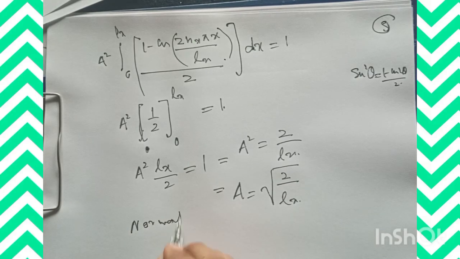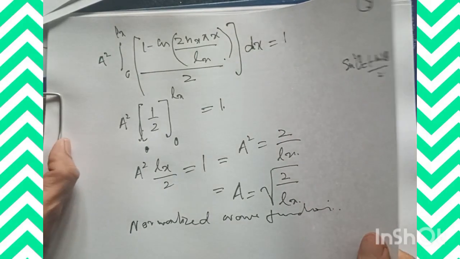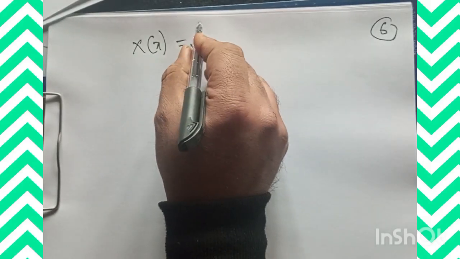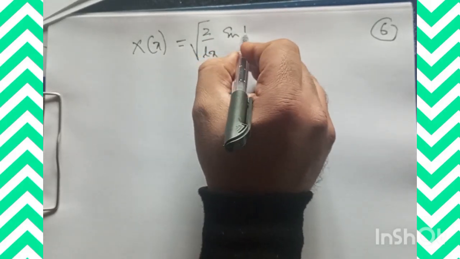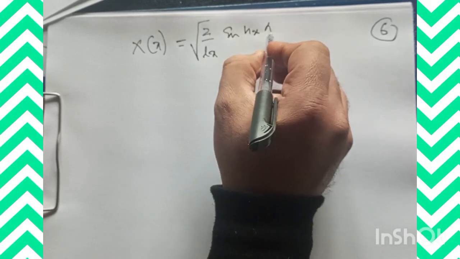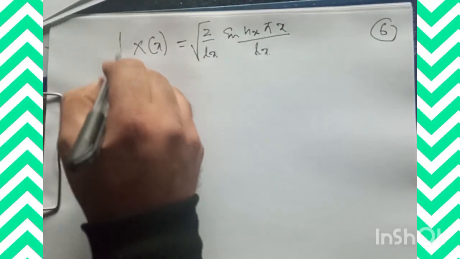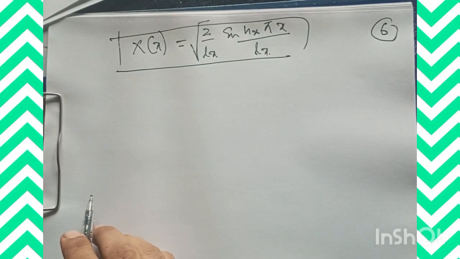X(x) is equal to the square root of 2 by Lx, then sine of nx pi x divided by Lx. So this will be my normalized wave function along the x coordinate.